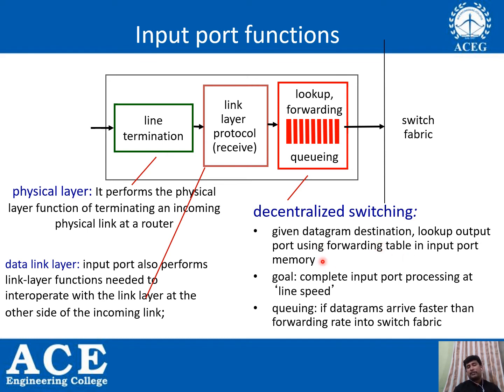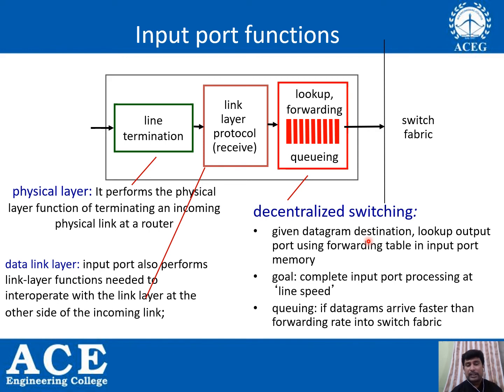We are going to have different types of forwarding techniques used in the switch fabric. We have three types, which we'll discuss shortly. For that, either the datagram destination IP address, or, if it is using a virtual circuit identifier, that will be identified so that it can be forwarded to the switching fabric.